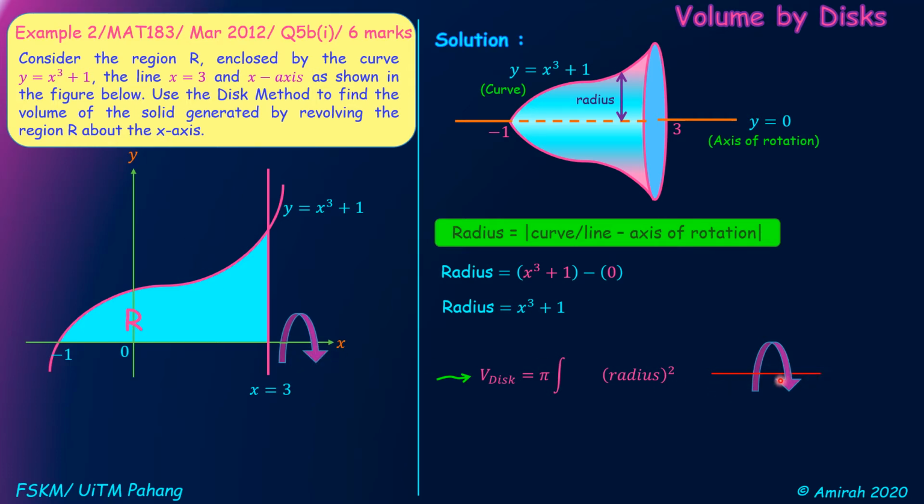When the axis of rotation is a horizontal line, we need to integrate with respect to x, and we use the lower and upper limits on the x-axis. So x equals -1 for the lower limit and x equals 3 for the upper limit. Volume by disk equals pi, integrate from -1 to 3, and then we replace the radius here.